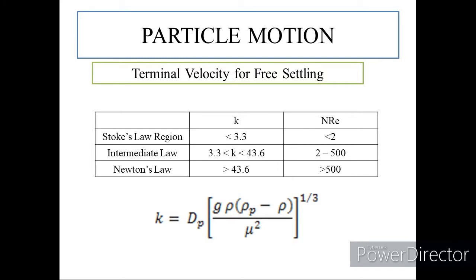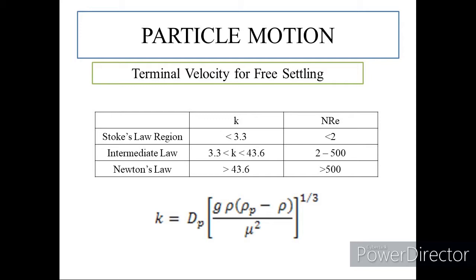Now, we have different formulas to be used when we are talking about the terminal velocity for a free settling period. So we have to determine the range in which our motion lies. We have different regions: the Stokes law region, the intermediate law, and the Newton's law.